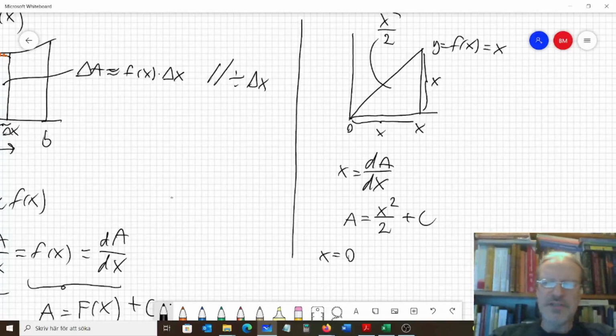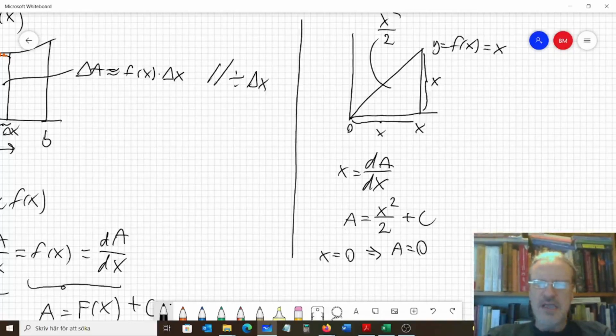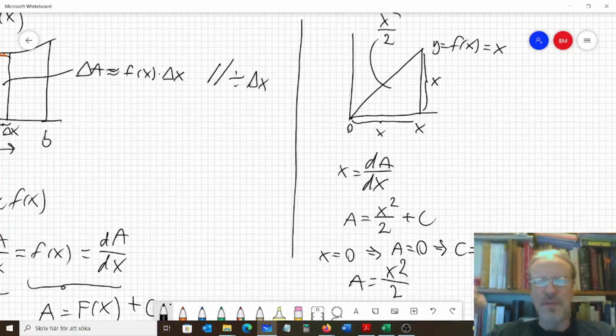The area should be 0 since we basically don't have a triangle. And if you plug in x equals 0 to our function over here, we have that A is c, so that means c must be 0, and we finally have the area is x squared over 2, exactly as we already knew.